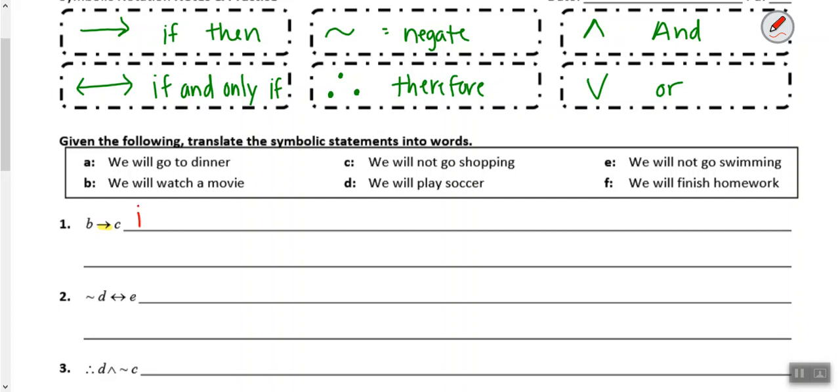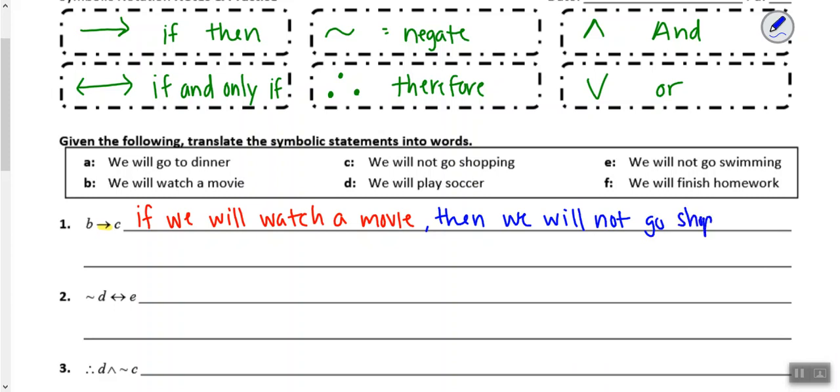So I'm going to start and say if B, so if we will watch a movie, then C. And C is we will not go shopping. And that's it. That's all we had to do for number 1.